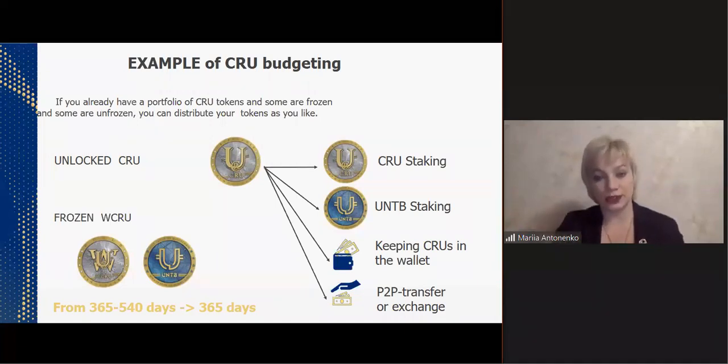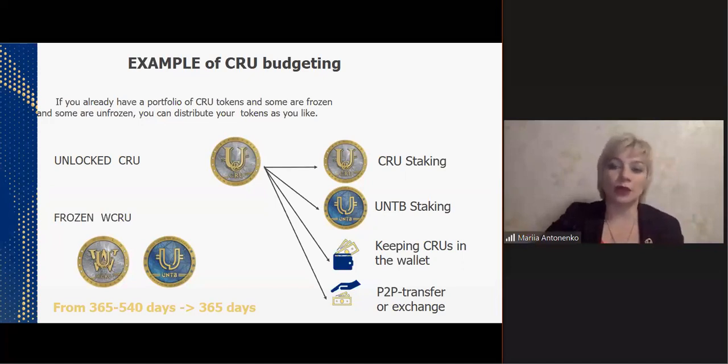So CRU and World CRU will yield the same amount of loyalty program bonuses and profit bonuses or dividend income that we're going to have in future. So there is no difference between those two tokens in this regard. But if you want to receive UNTB, only unlocked CRUs can be staked to receive UNTB.